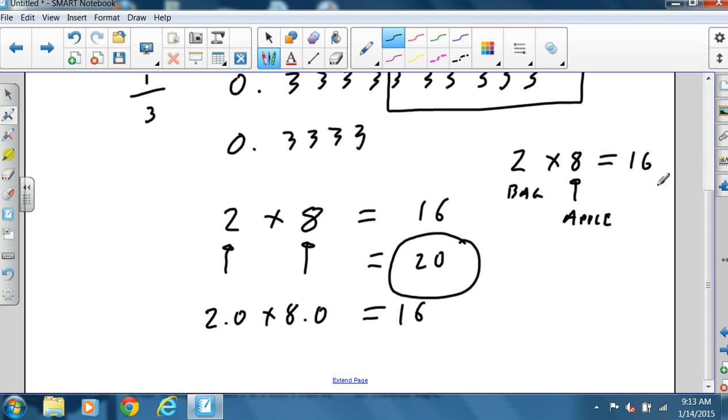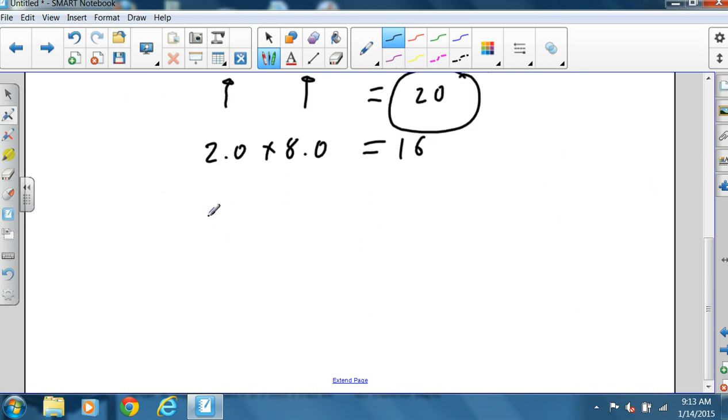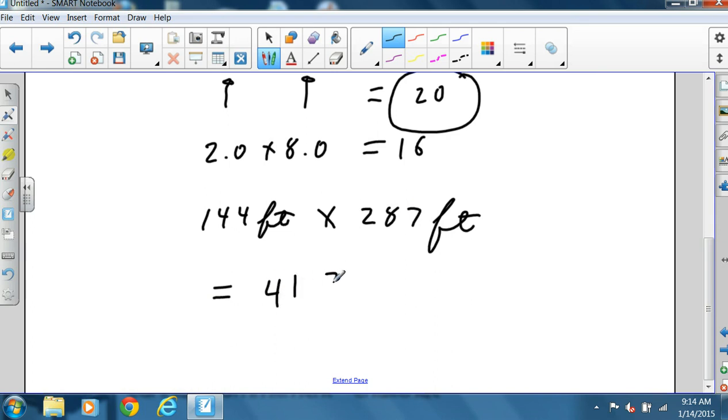So if I have a field that's 144 feet by 287 feet, how many square feet do I have? I take out my calculator: 144 times 287, and I get 41328 feet squared.